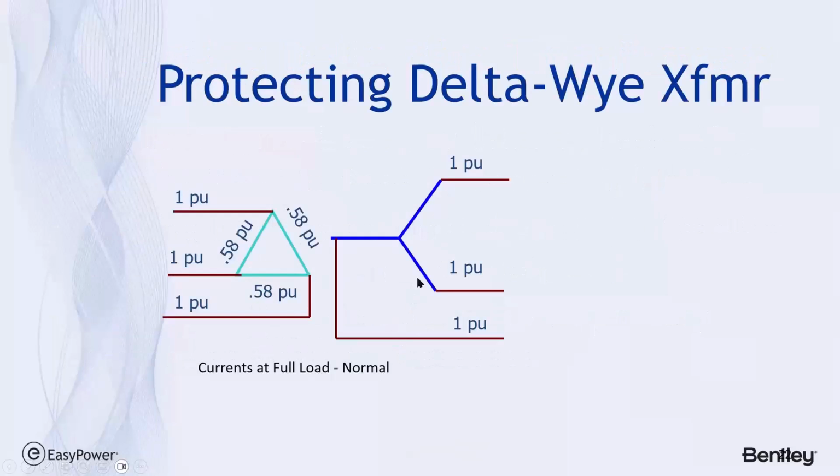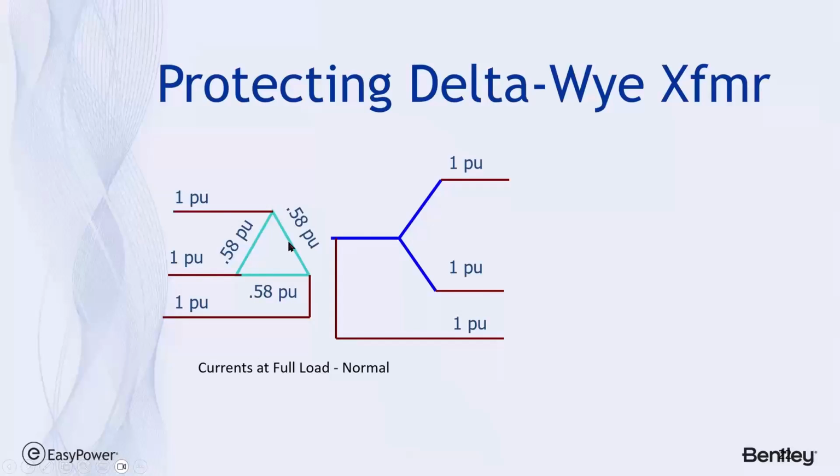And what I mean by that, we're looking at a delta Y transformer, and if we have a fault on the secondary side, that 1 per unit fault is sensed by just one phase or is amplified by one phase in the delta side. The total current, if I'm doing a phase-to-phase comparison, will be the same, but the individual phase.